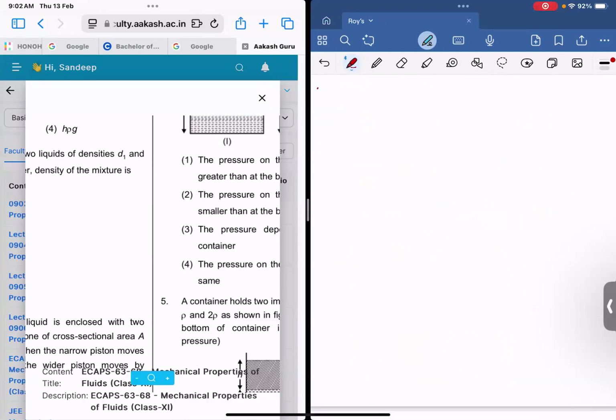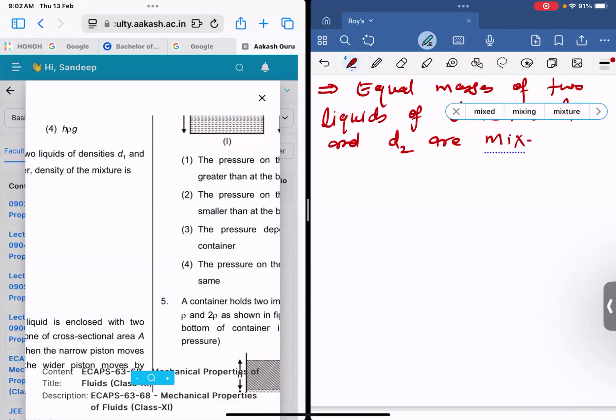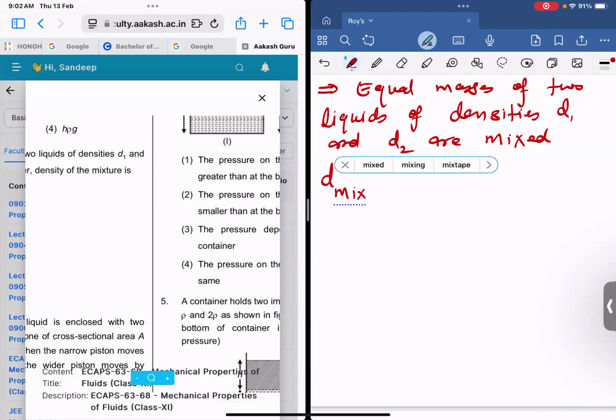So, equal masses of two liquids of densities d1 and d2 are mixed. So we have to find the density of the mixture.